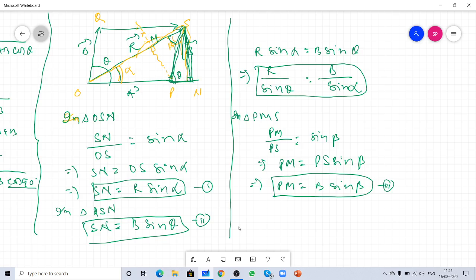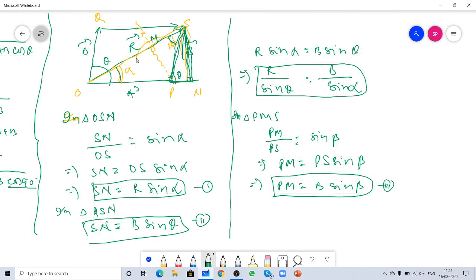Now let us write another relationship, that is in triangle OMP, this triangle, OMP.